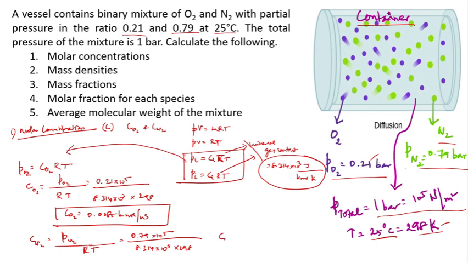Finally, we find that C of N2 is equal to 0.032 kilomole per meter cube.